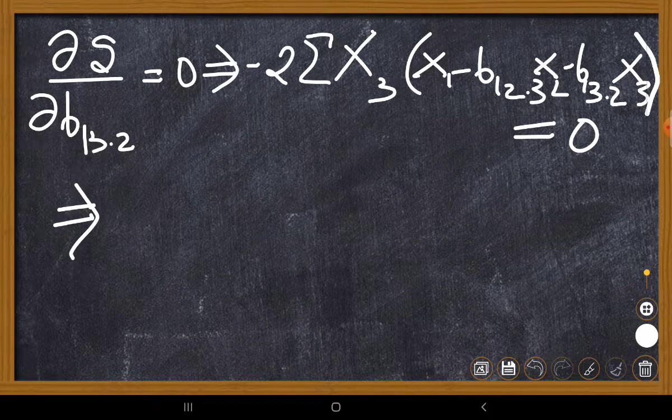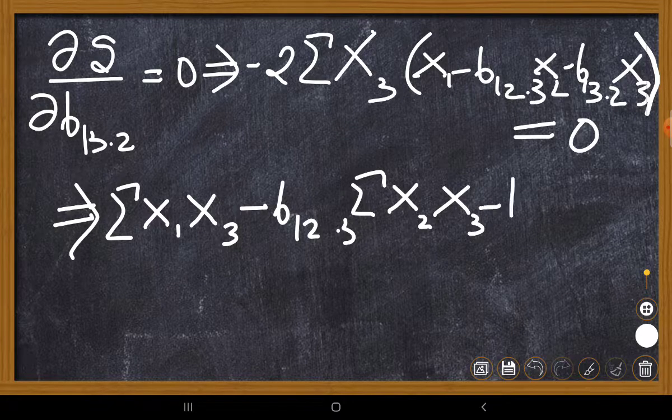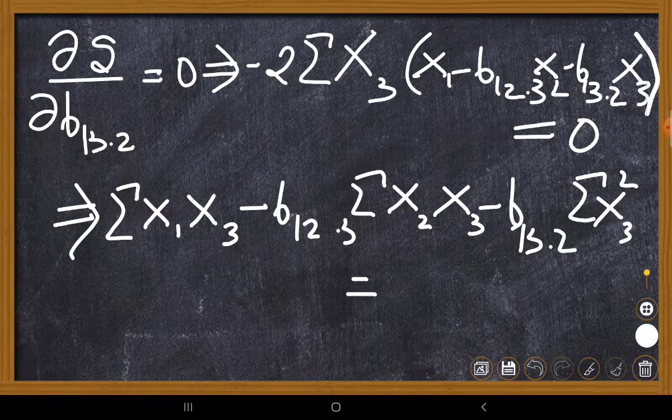This implies summation x1 x3 minus b12.3 summation x2 x3 minus b13.2 summation x3 square, and this is equal to 0. Now you have obtained both of the normal equations.